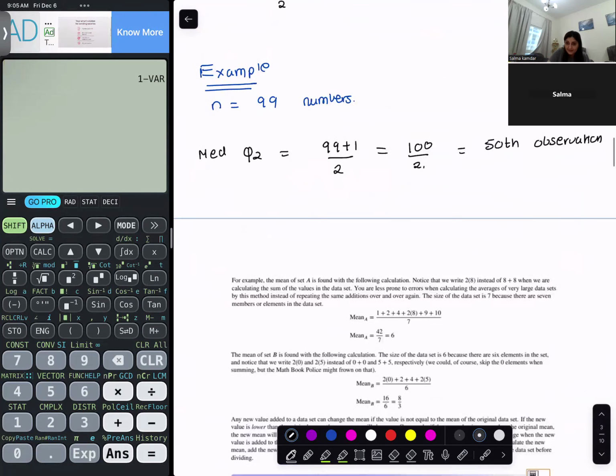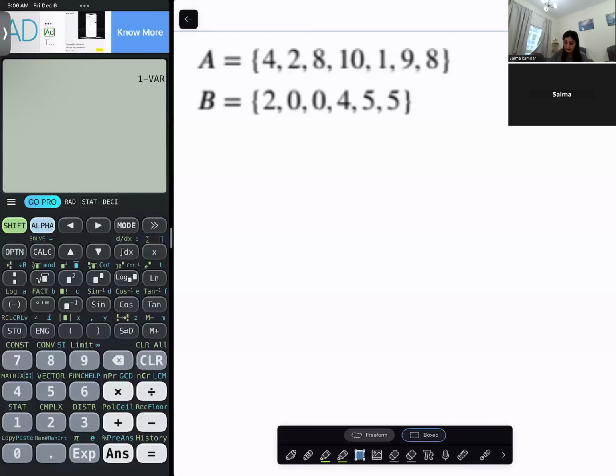Okay, now I have my data set A. This is my data set A, and I have to calculate the median. That is the middle value of my data set, but the data should be in the correct order.